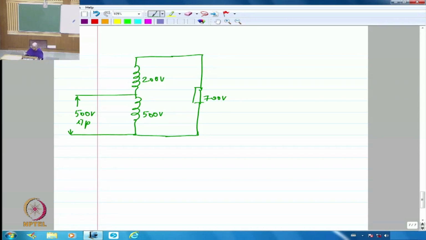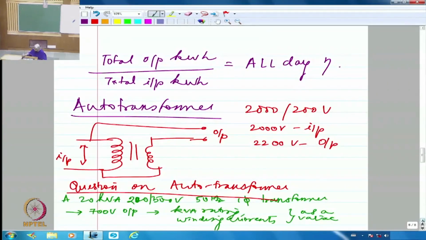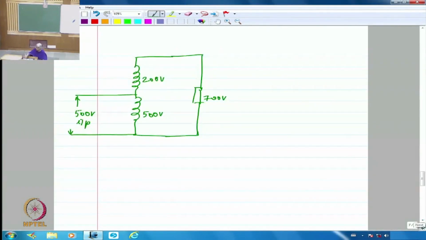Now 20 kVA is given as the rating of the transformer. How much is the current on this side? It will be 100 amperes. So this has to be 100 amperes. Without overloading the transformer, you would be able to get 100 amperes.